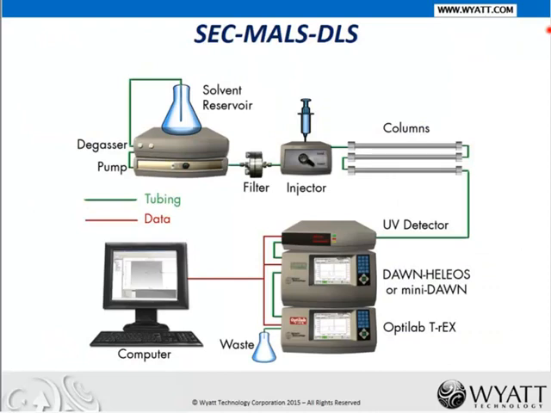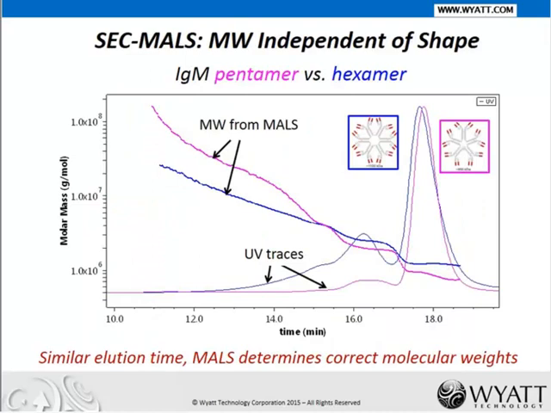Now I will go to the third light scattering tool, that is to use light scattering detectors with size exclusion chromatography. In a more comprehensive system, I will use UV, MALS with embedded QELS, and a differential refractive index detector. Here is an example of IgM, two forms, pentamer and hexamer.